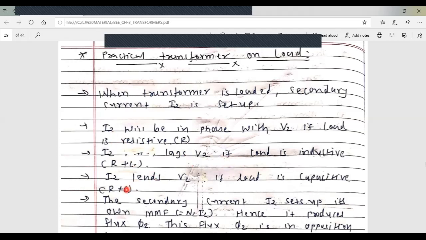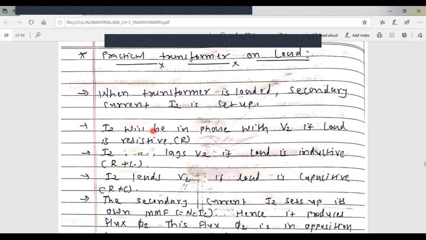Same way, if load is capacitive, we know that current I2 leads voltage V2 by some angle. Okay, so these three are characterizations according to the connected load on practical transformer.